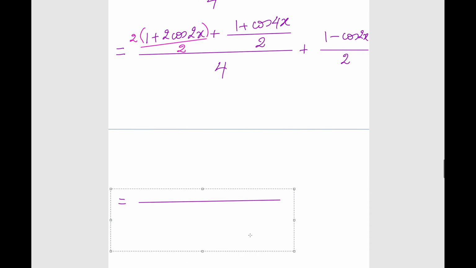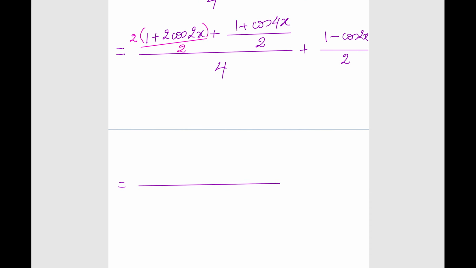So we get what? We get 2 times 1, which is 2, plus 2 times 2, which is 4, cosine of 2x, plus 1 plus cosine 4x, right?